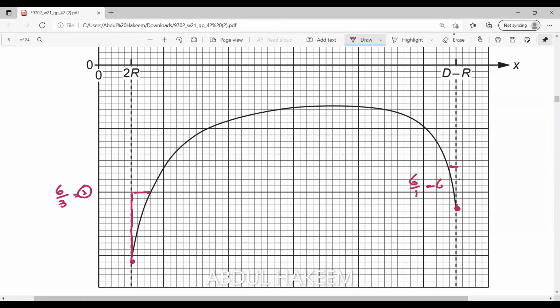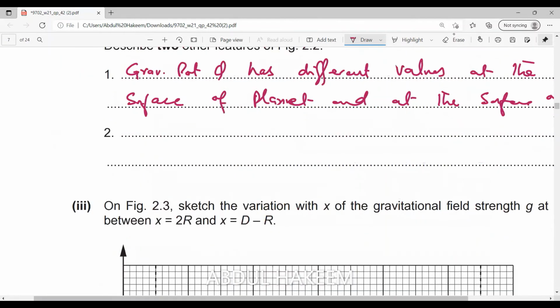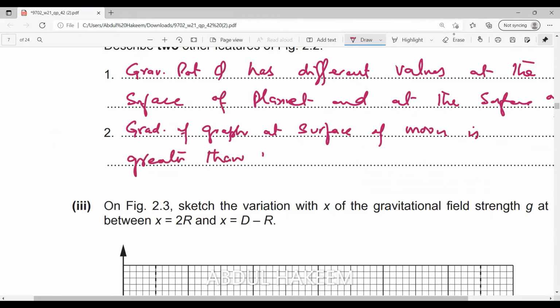So 6 divided by 1, the answer is 6. It means the gradient of the graph at d minus r is greater than the gradient at 2r. So the gradient of the graph at the surface of the moon is greater than that at the surface of the planet. So this is another feature.